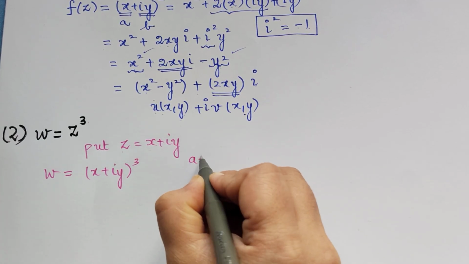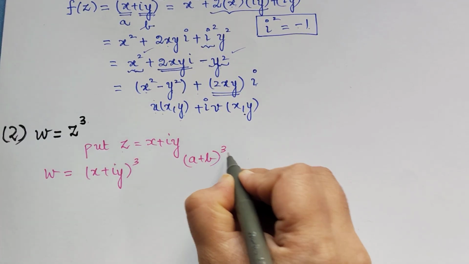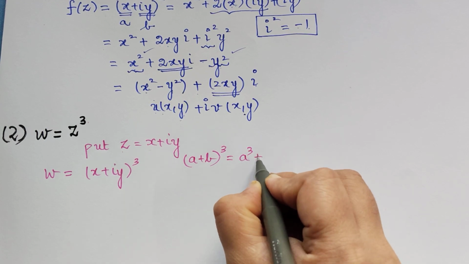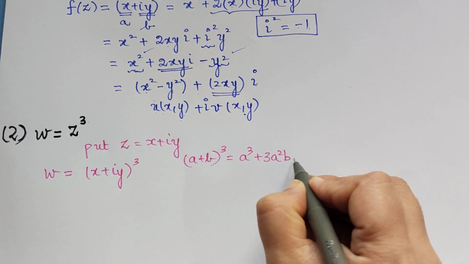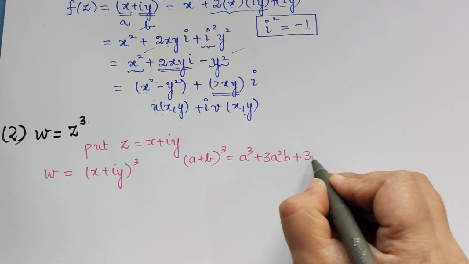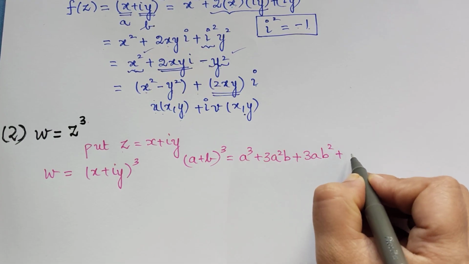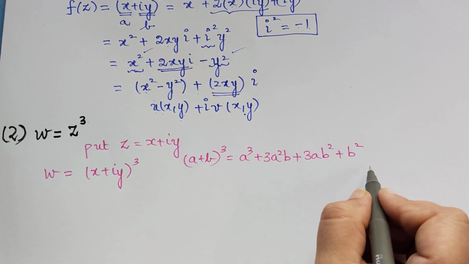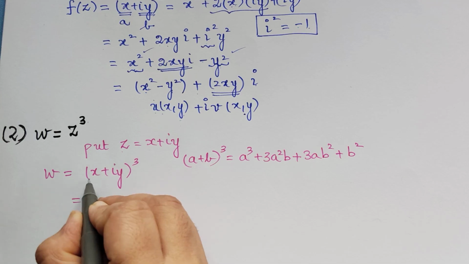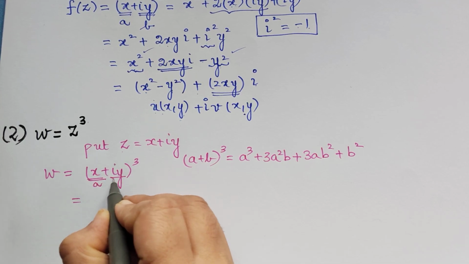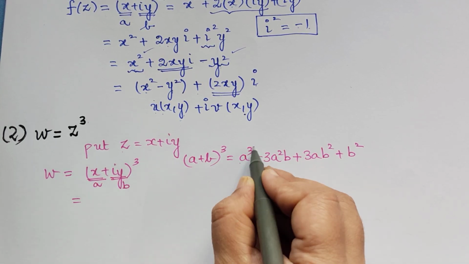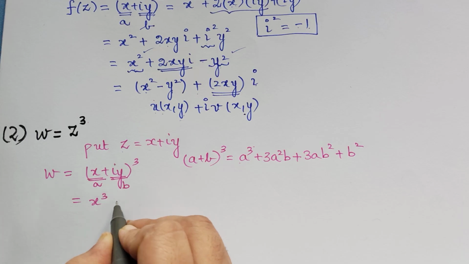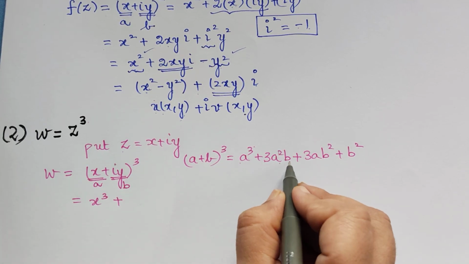We know that (a plus b) the whole cube is equal to a cube plus 3a square b plus 3ab square plus b cube. So by using this formula over here, x will be treated as a and iy will be treated as b. So a cube, we will be having x cube, plus 3a square b.